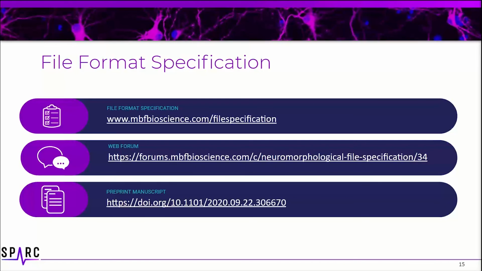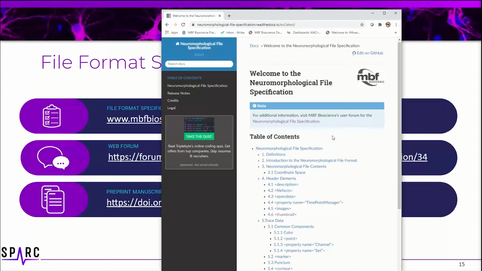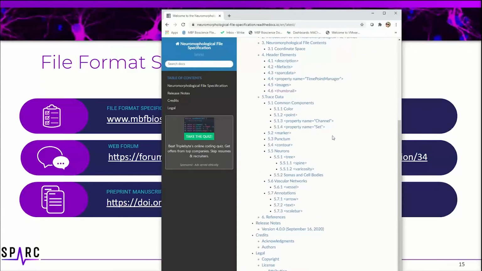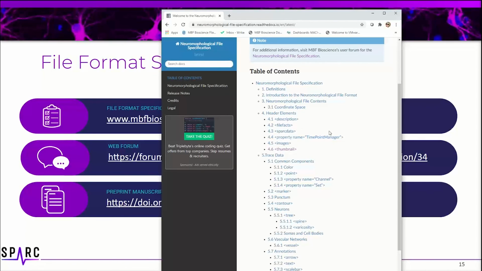Any tool developers can use this, and if you're interested in creating custom analysis and ingesting the MBF Bioscience data file format, you can use the file specification to do so. You can pull meaningful metadata that we covered today, like subject metadata, and URIs from the segmented anatomies.